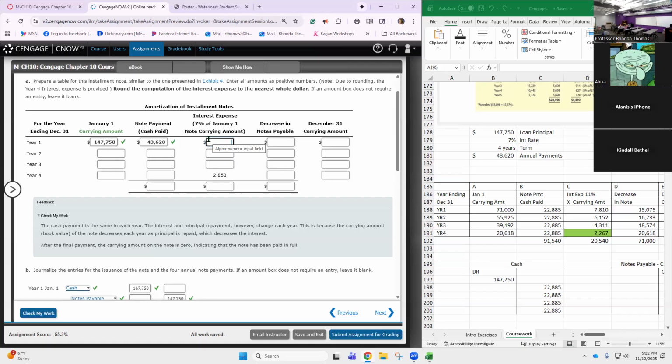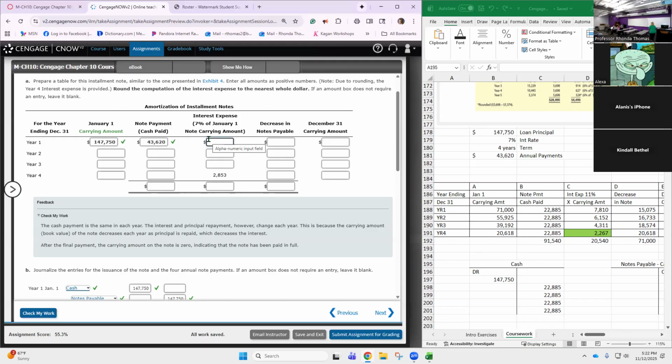This payment covers interest and paying down the principal. We have to calculate the interest first. Our interest is 7%, so we're going to take 7% times the loan and put that number there.